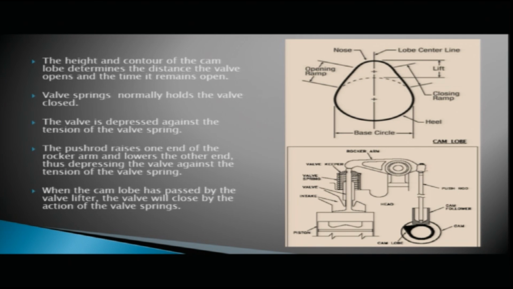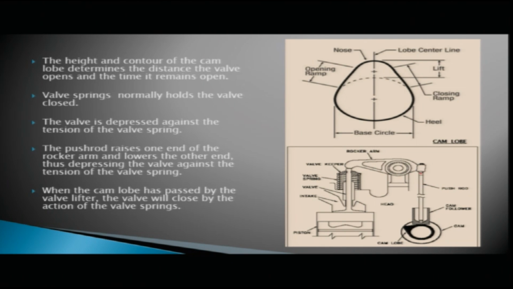Here in the schematic diagram at the bottom, you can see the camshaft and cam lobe. Here is your hydraulic tappet or valve lifter. When the camshaft turns, it pushes the hydraulic tappet, which in turn pushes the push rod. There is a rocker arm here.